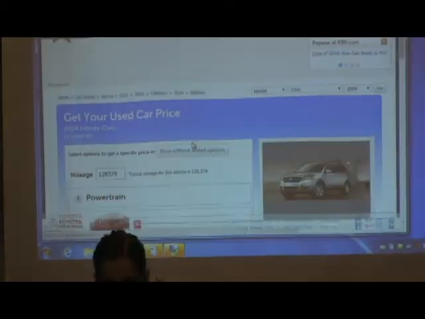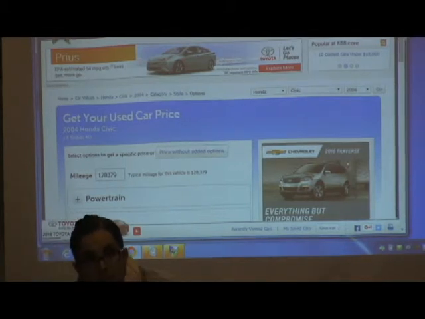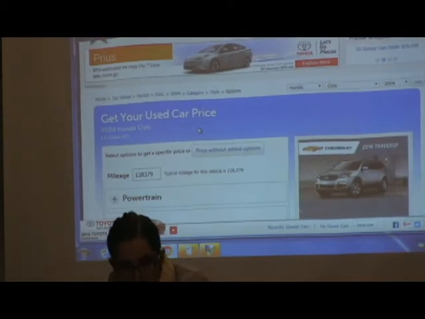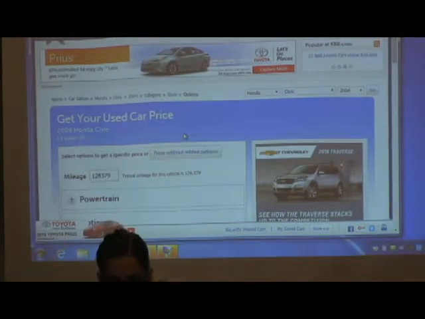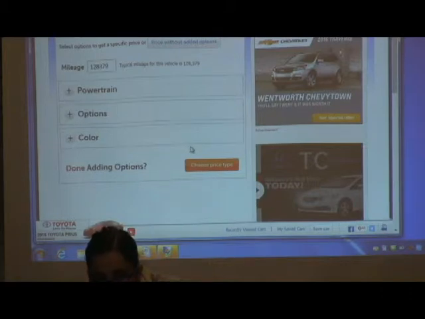Okay. 3,000. So if we're looking at a 2004 Honda Civic LX, let's try that one more time. Put your iPads down if you're not looking at it. I don't need to add a bunch of options.